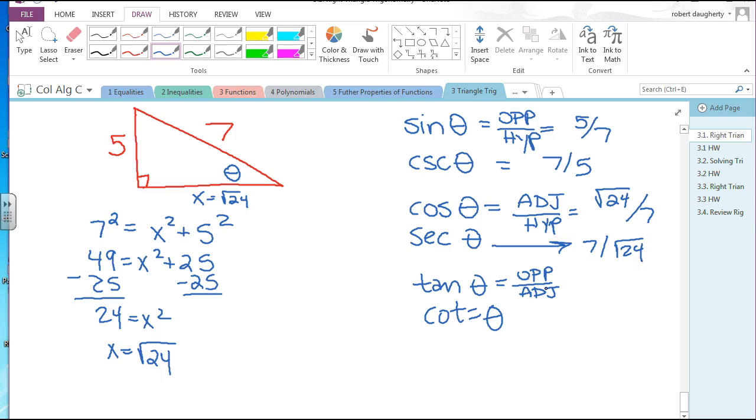Yep, opposite over adjacent. So what's the value of the tangent? Yep, 5 over square root of 24. Cotangent is the reciprocal of the tangent. So what's the value of the cotangent? And there we go.